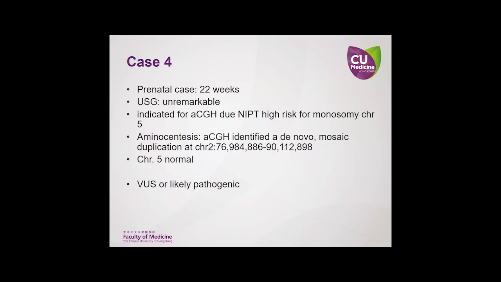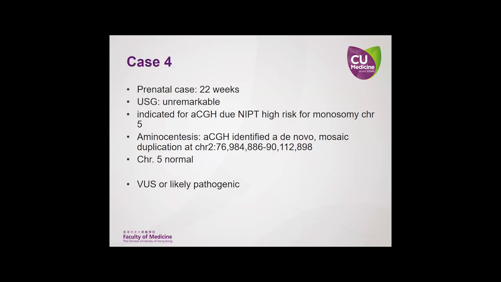But when we take a detailed look at how they classify, what the criteria are in terms of PS, PM, or PP, sometimes even a single case report can upgrade or downgrade the variant to VUS or LP.